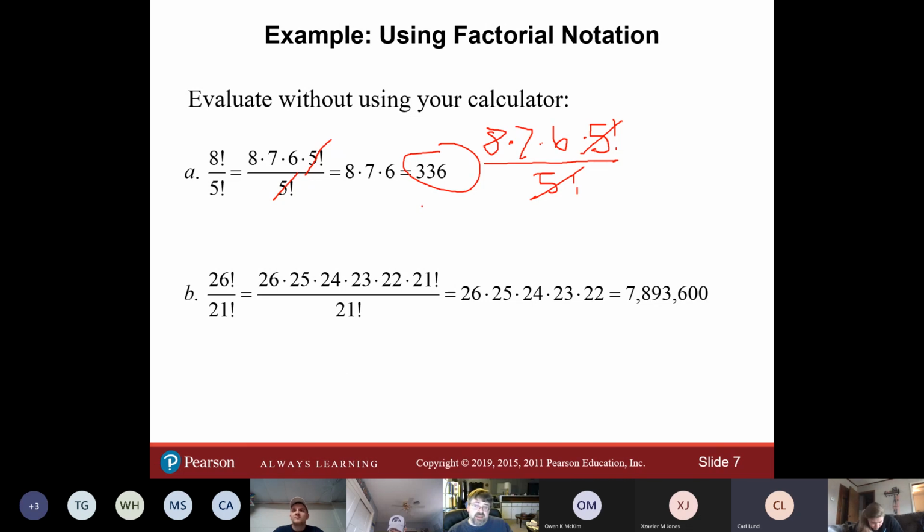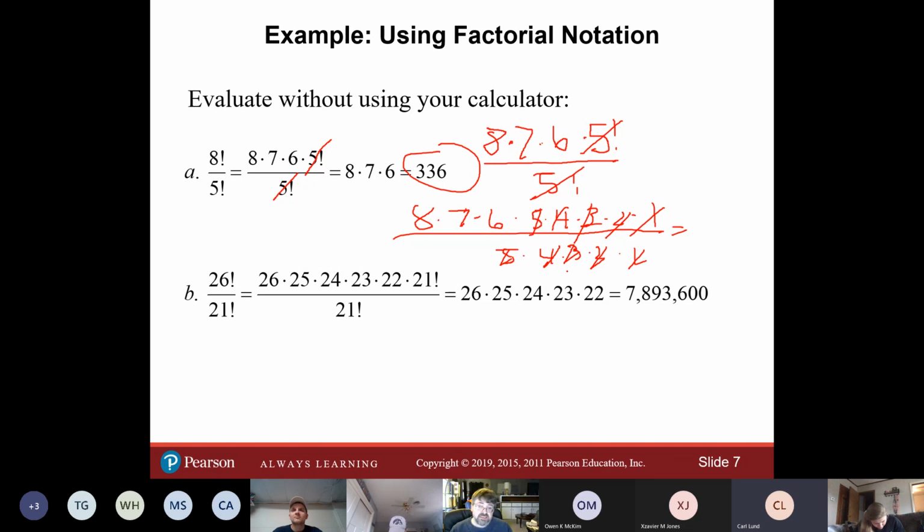This is the same as writing out 8 times 7 times 6 times 5 times 4 times 3 times 2 times 1 over 5 times 4 times 3 times 2 times 1, and then doing lots of canceling. Same thing, just more convenient, more compact.